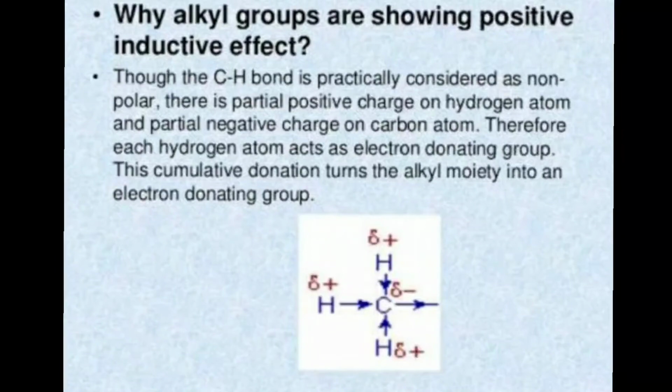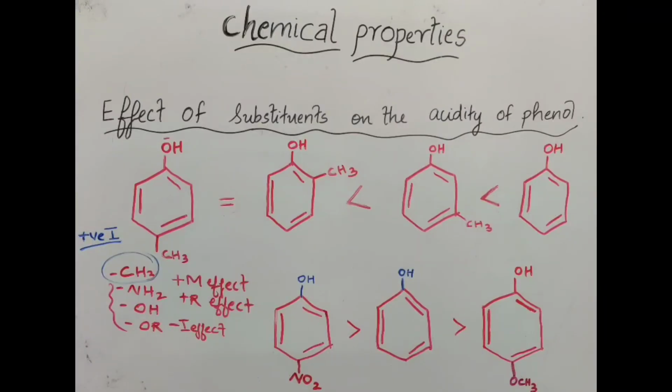This cumulative donation turns the alkyl moiety into an electron donating group, and so we can say that alkyl groups show positive inductive effect. Next, types of inductive effect. Negative inductive effect: the electron withdrawing nature of groups or atoms is called negative inductive effect.